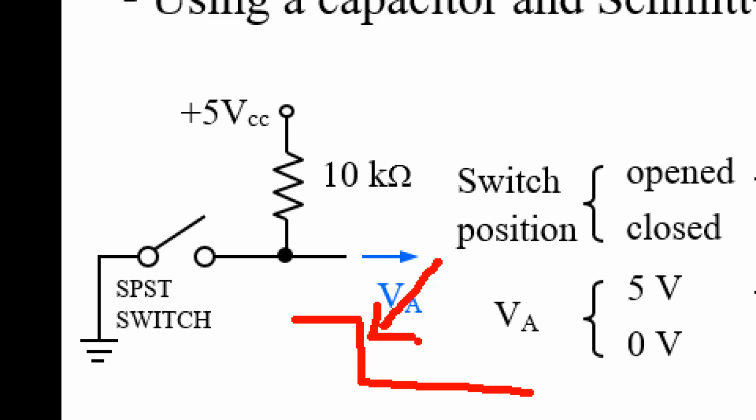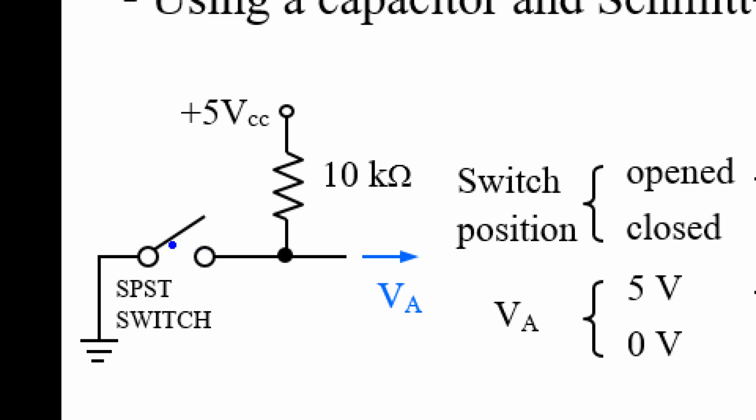But in practice, when this switch strikes this contact, some bouncing occurs, namely we touch and then separate with a little distance and touch again and separate again.